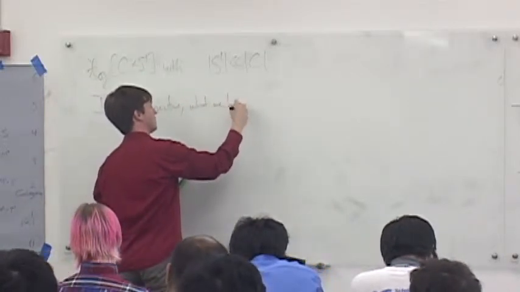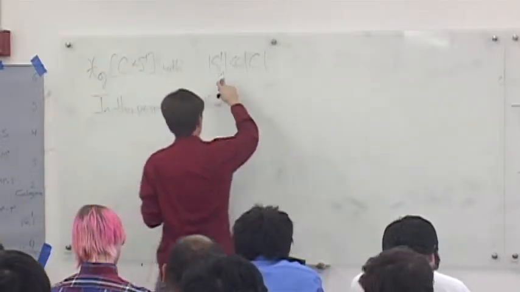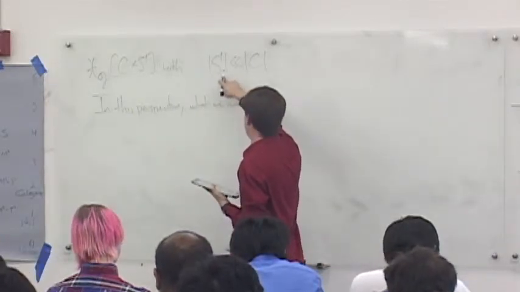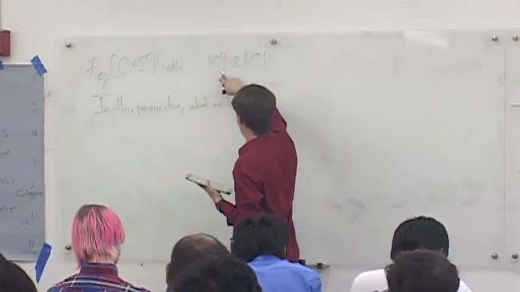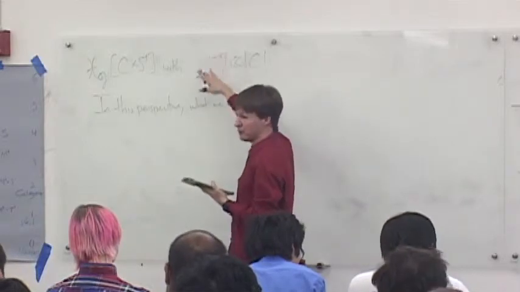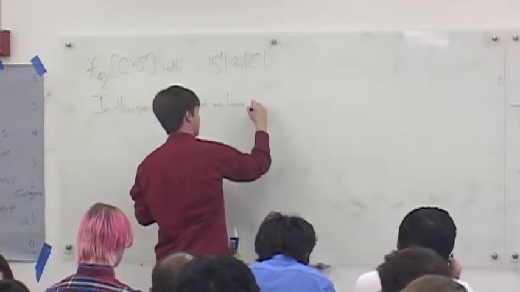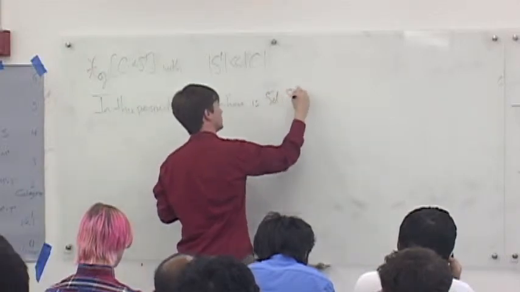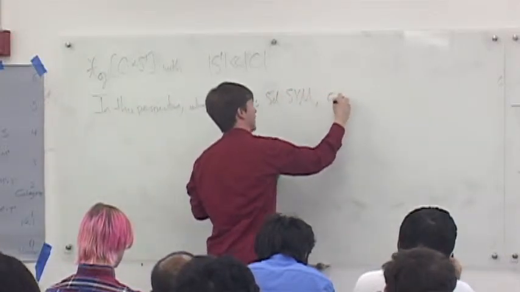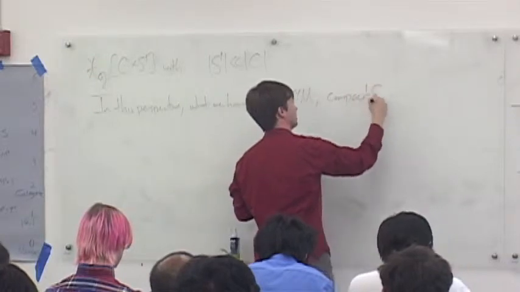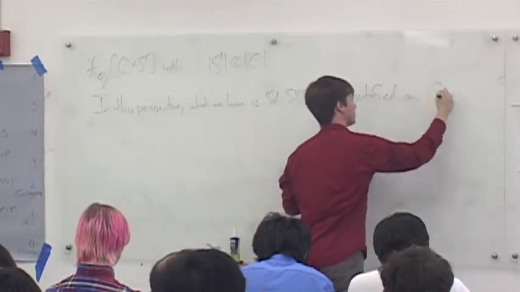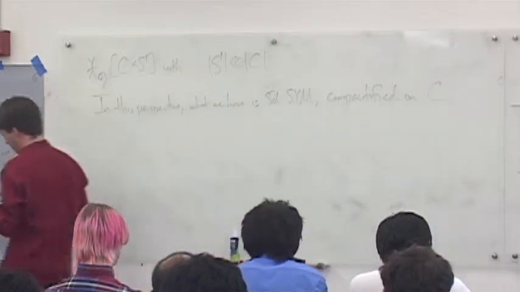What we have, again approximately, as long as we stick to energies that are low compared to 1 over this radius, and we're taking that to be very, very small, is really the 5-dimensional super Yang-Mills, and we're compactifying that 5-dimensional super Yang-Mills on C. Let's study it from that point of view.